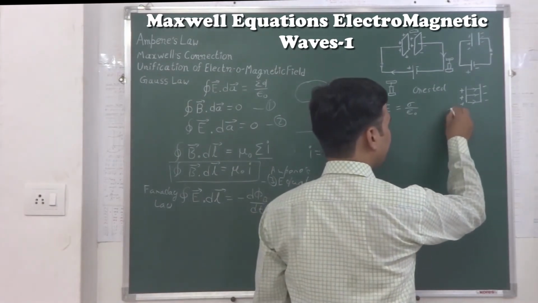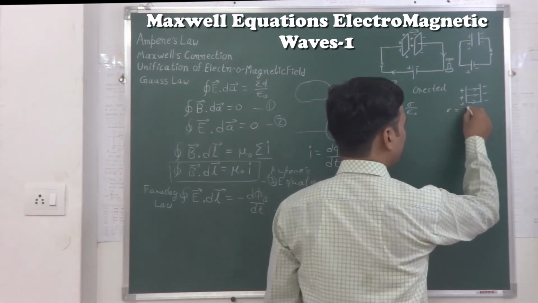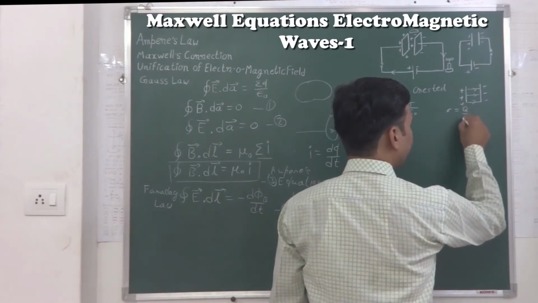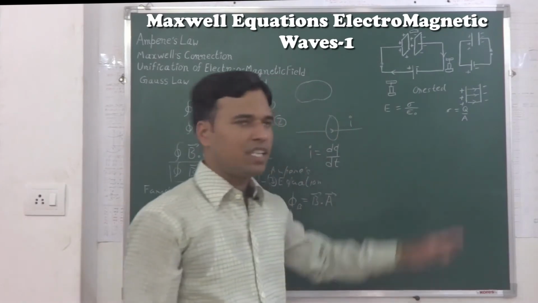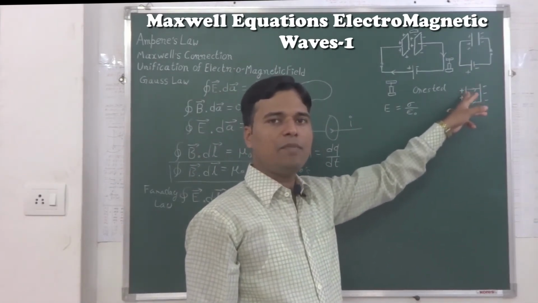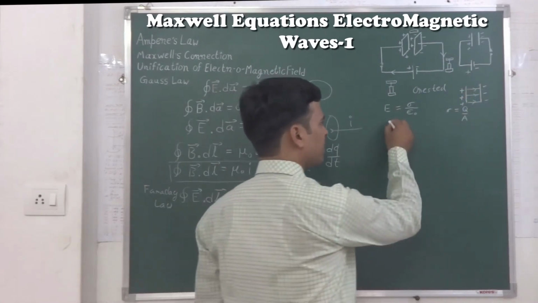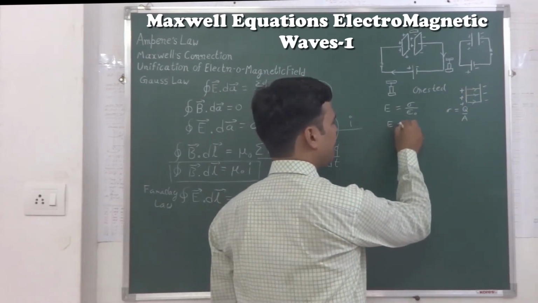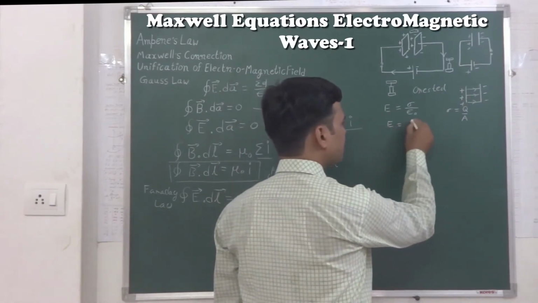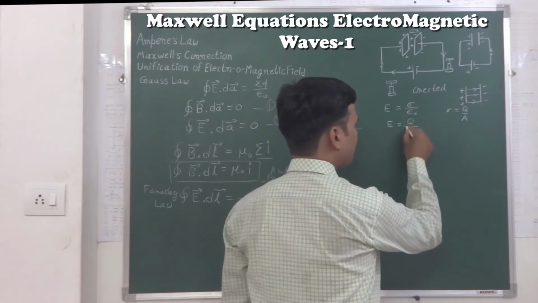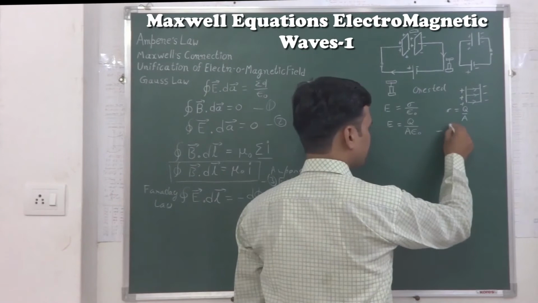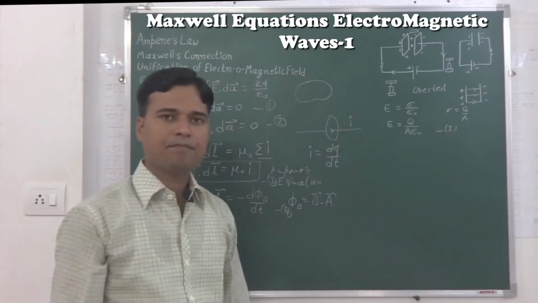Sigma can be written as sigma is equal to charge Q upon area. The charge Q is total charge on a single plate of capacitor. Then we can write the electric field between these two plates is equal to charge Q upon area epsilon naught. This is the first part.